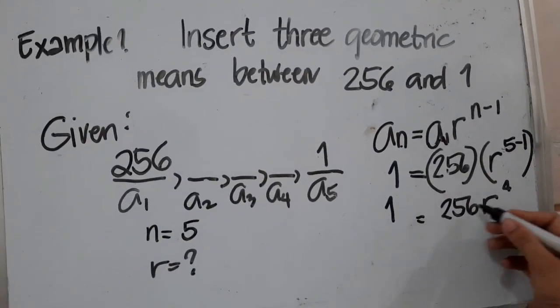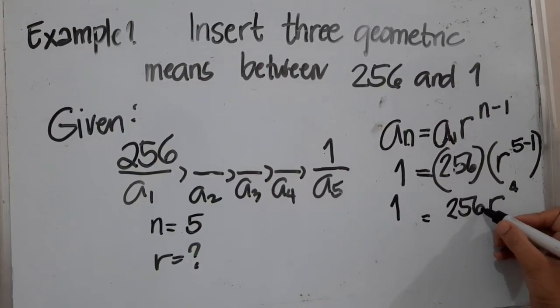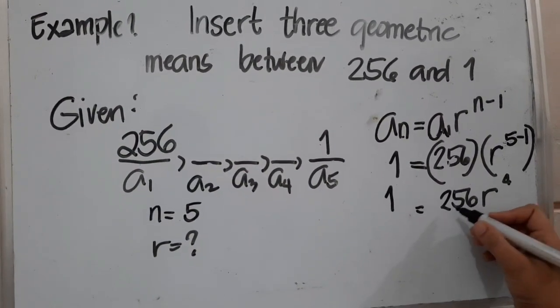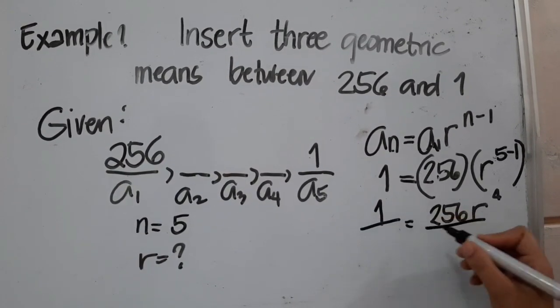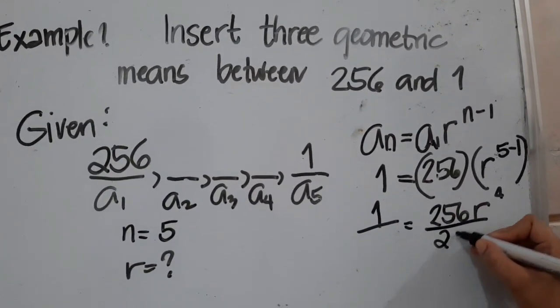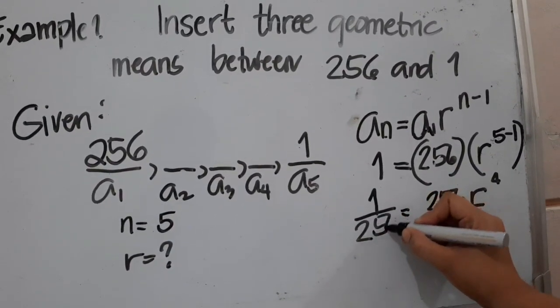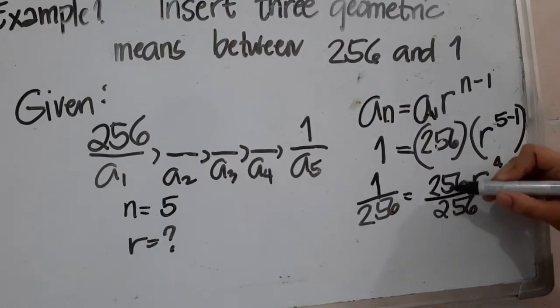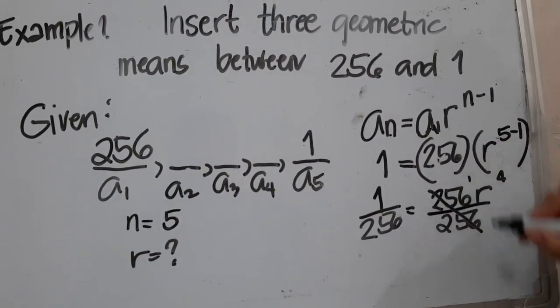The same with what we did in the previous example, we have to eliminate 256 to solve for R. And we can only do that by using the division property of equality. So we divide both sides by 256. Dividing this one by 256, 256 divided by 256 is equal to 1.